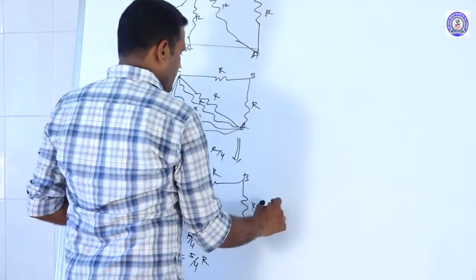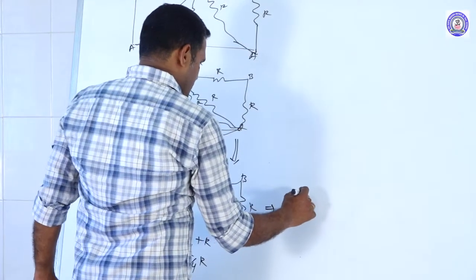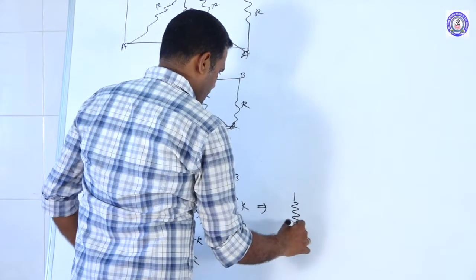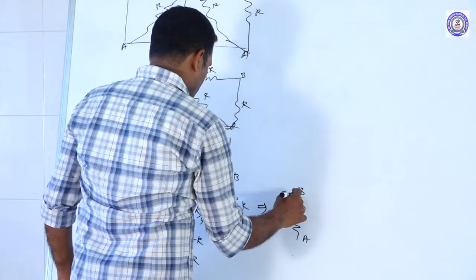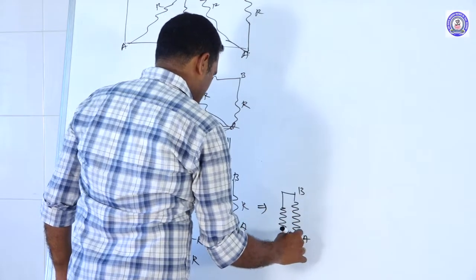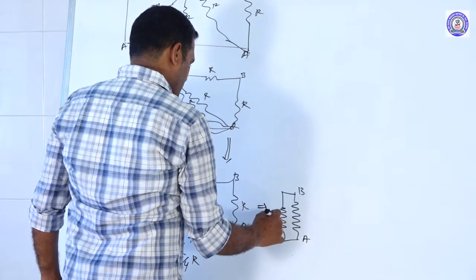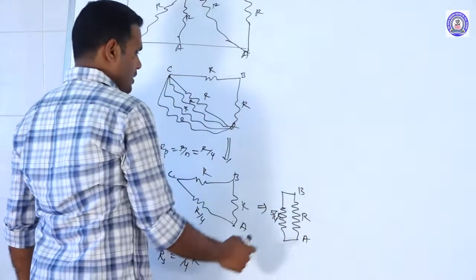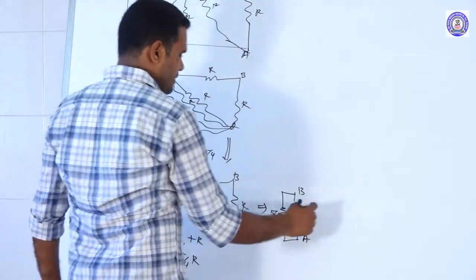Now this circuit reduces to A, B and then 5 by 4 R. These two resistances are in parallel. Now we need to calculate the effective value of the resistance here.